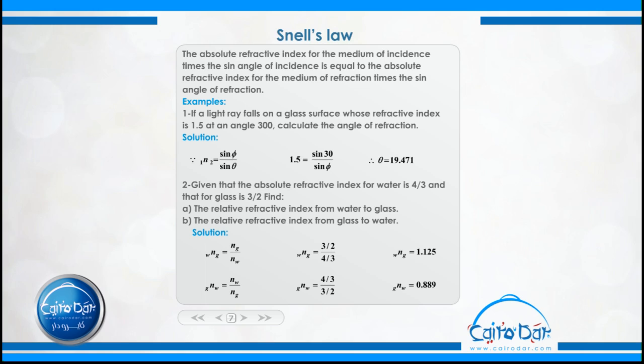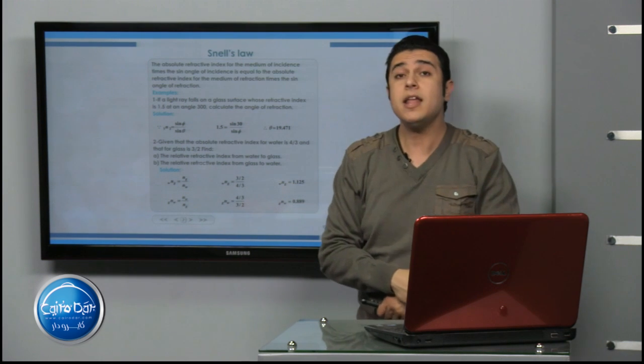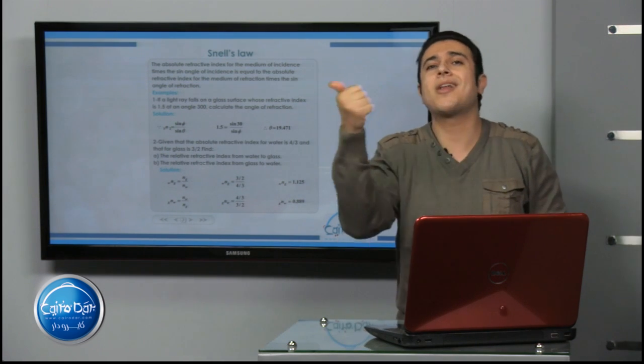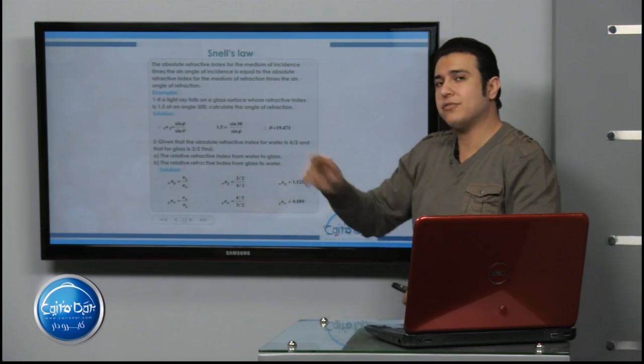Example: if a light ray falls on a glass surface, whose refractive index is 1.5, at an angle of 30 degrees, calculate the angle of refraction. As you know, 1n2 equals sine phi divided by sine theta. 1n2 means n2 over n1. n1 is the air, approximately equal to 1, and n2 for the glass equals 1.5.